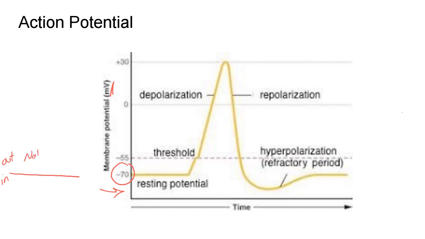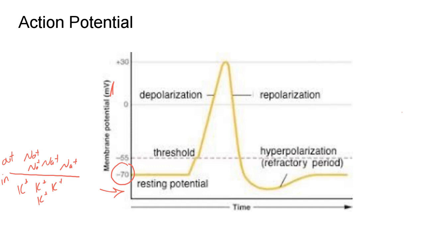And at rest, the cell has whole bunches of sodium, and we're going to do a combo of pictures so we understand what's happening. Sodium and potassium ions are both positively charged.